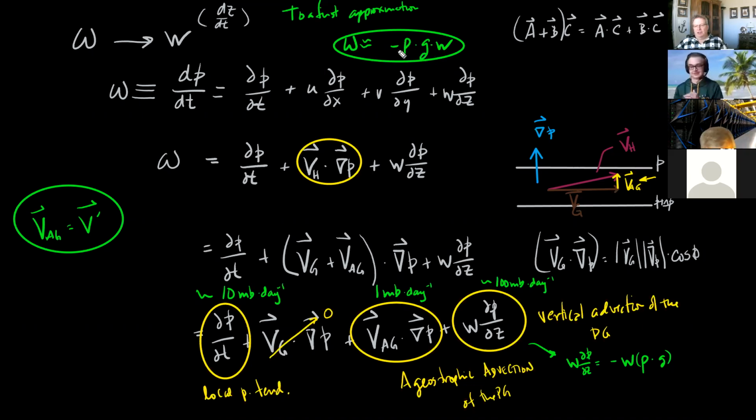So we usually measure omega in microbars per second, as opposed to millibars. And that's going to be about centimeters per second. So those are approximately equal to each other.